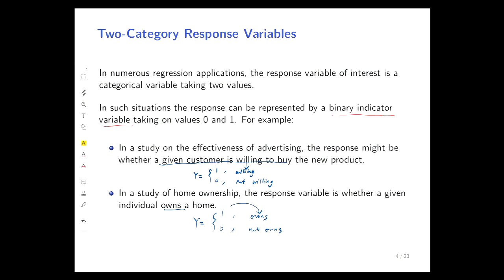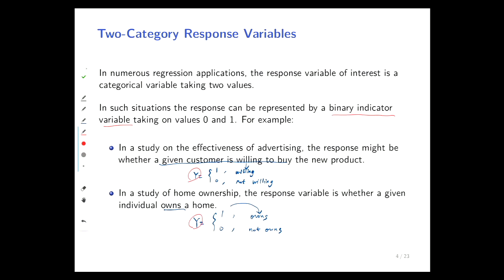So I think you should be familiar with it because we just use an indicator variable to represent two categories. I think that's nothing new. But the new part here is that we treat this as a response variable. So we are going to predict whether or not a customer is willing to buy some new product, or we are going to predict whether or not an individual owns a home. So that's the difference.